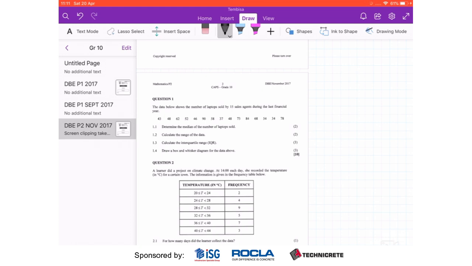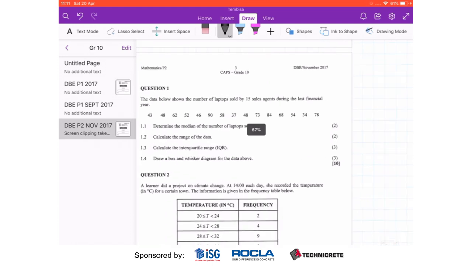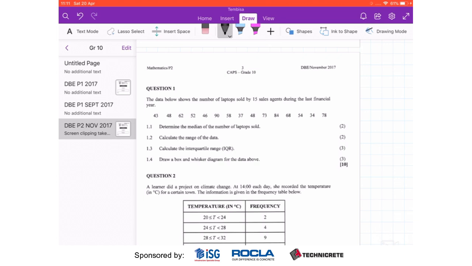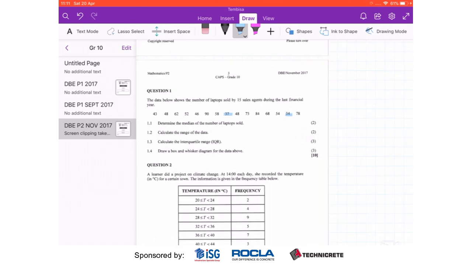So my first term, which is my 30s, let's use different colors. We've got 34, we've got 37. Okay, those are only the 30s. So the next one, we're looking for 40s. We've got 43, 48, 46, another 48, and that's about it.